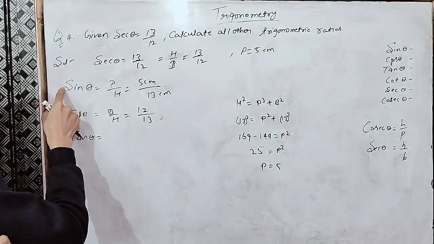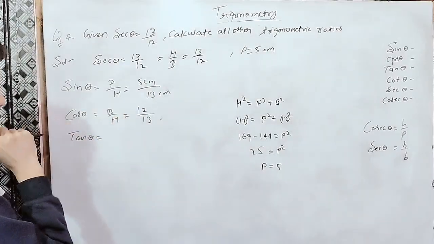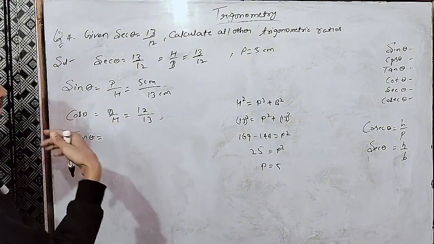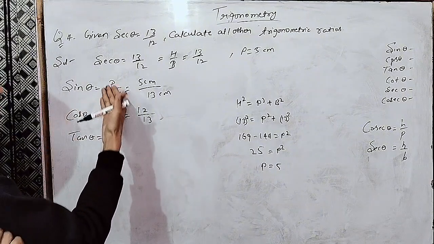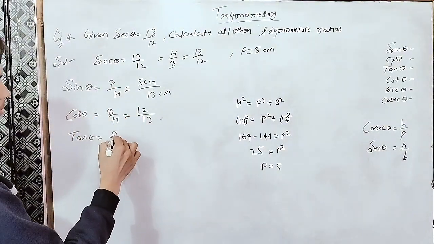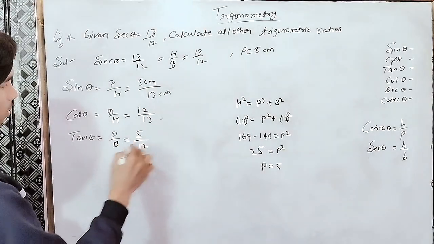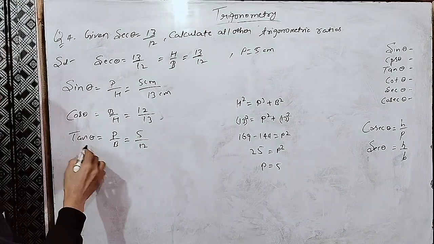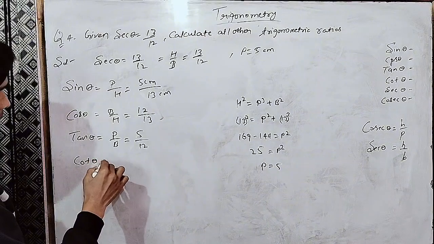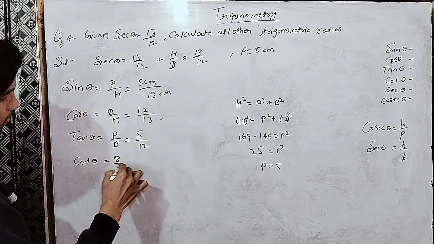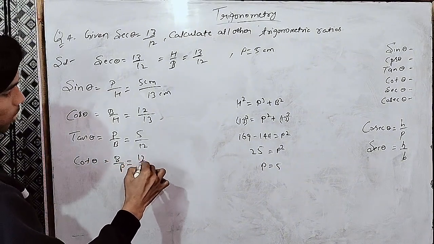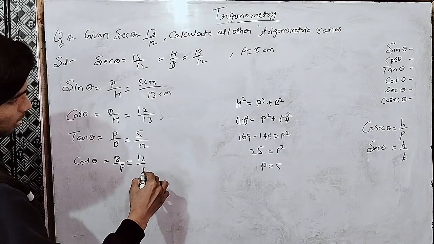Tan is sine upon cos. So here sine upon cos, otherwise you can say P by B. P 5, B 12. Cot is just the opposite of tan theta, so B is 12 and P is 5.